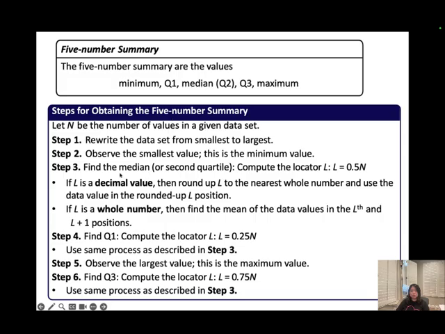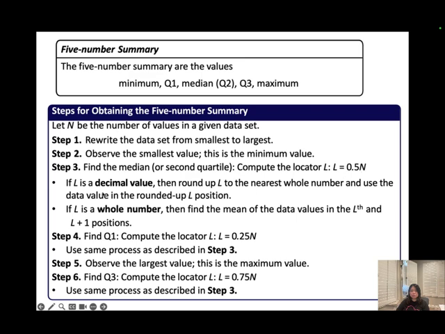And then we're gonna find the median or second quartile. Compute the locator. L equal to 0.5 times n. One more time, n is the total number of data.